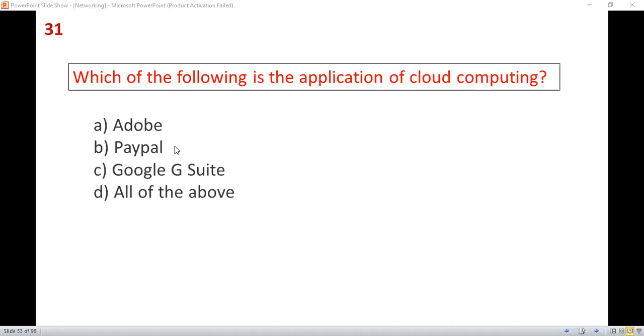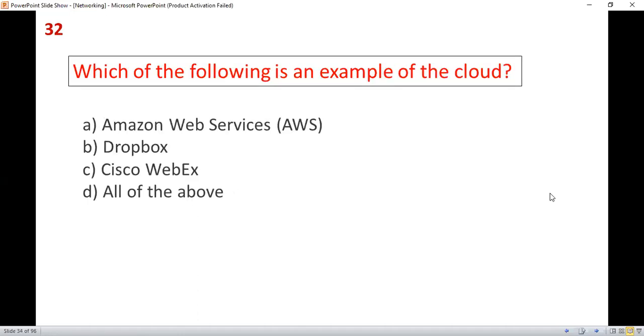The answer for this question will be option D. Okay. Now we can move to the next question.